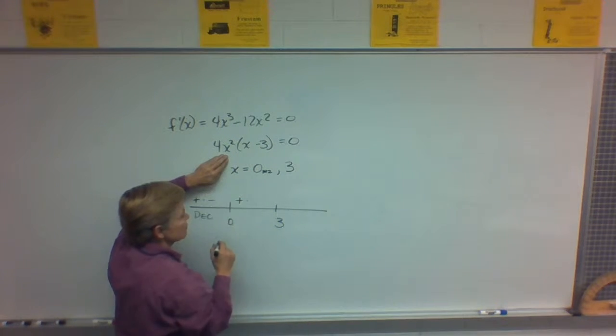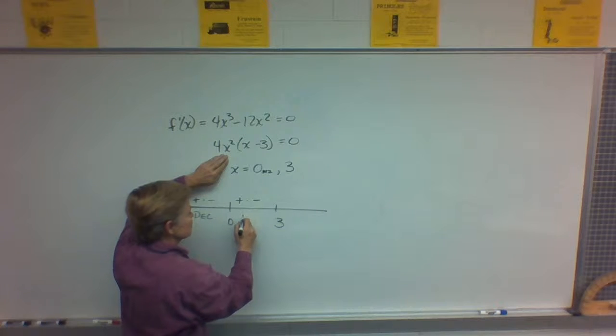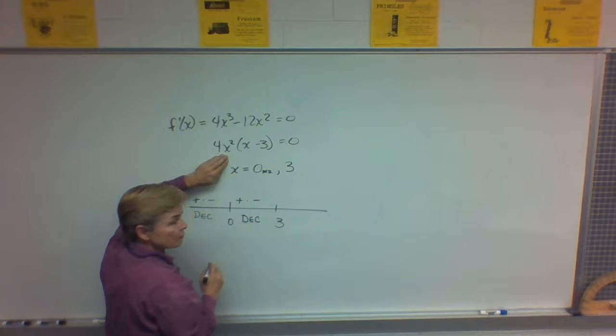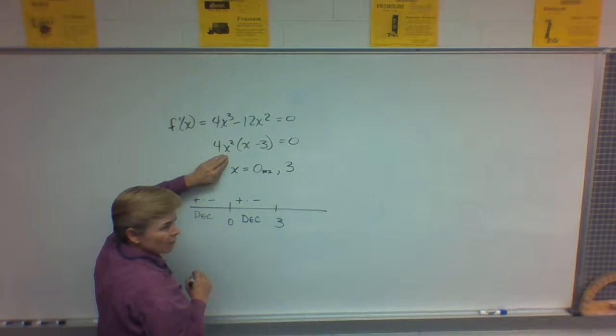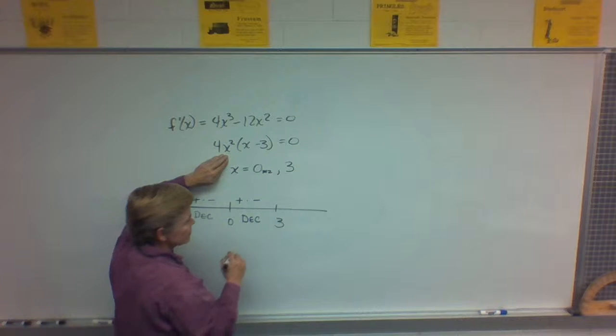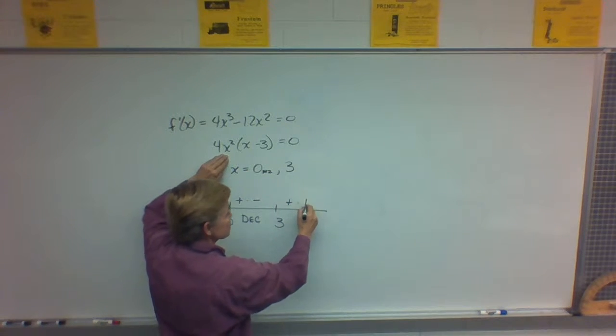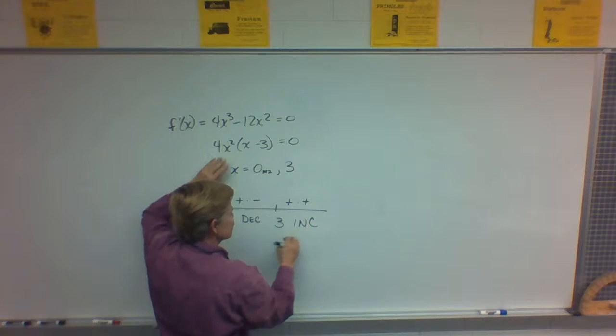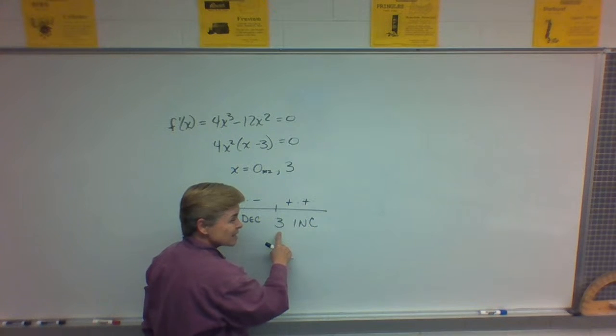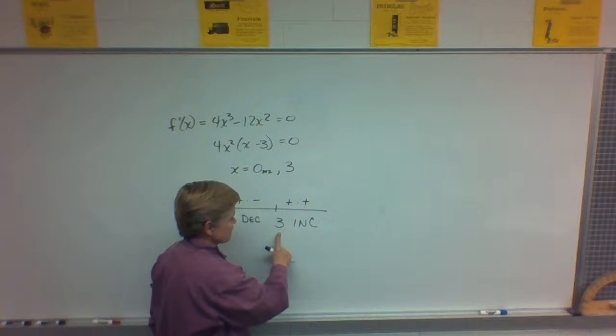Will the other factor be positive or negative? Negative. So it is decreasing. Shelf point. To the right of 3, this will be positive, times this will be positive, so it's increasing. Making this a minimum. It changes from negative to positive.